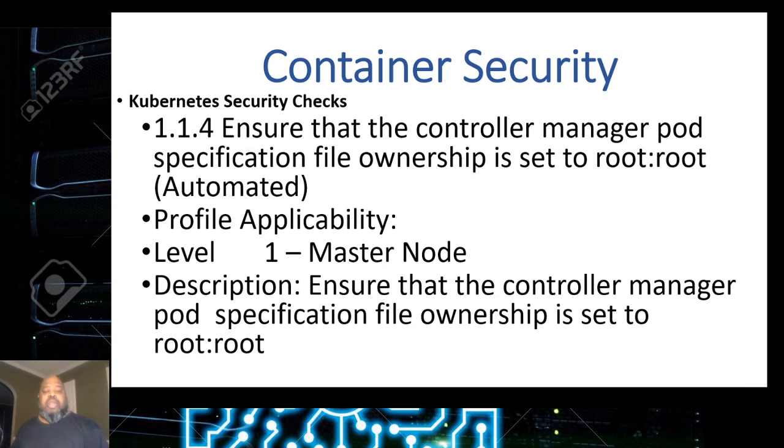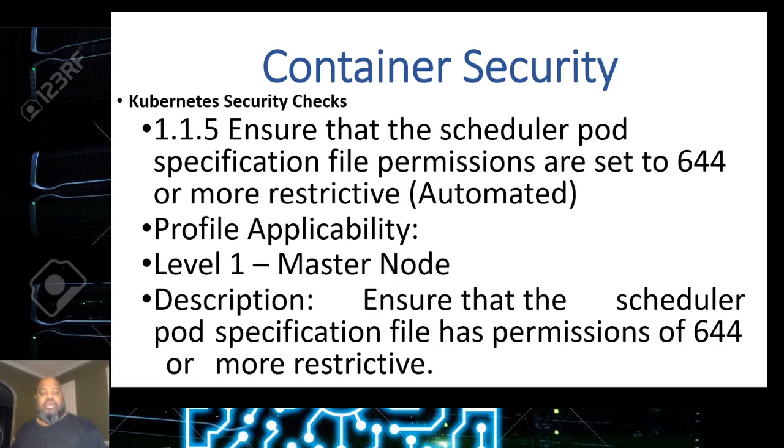Ensure the controller manager pod specification file ownership is set to root. Ensure the scheduler pod specification, once again, is set at 644. So we just want to make sure what groups and what everyone can have access to this file. Once again, you want to make it restrictive for all those configuration files.